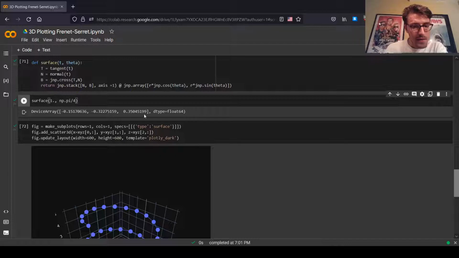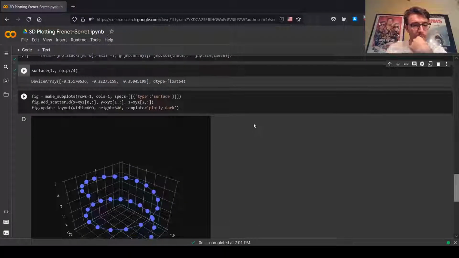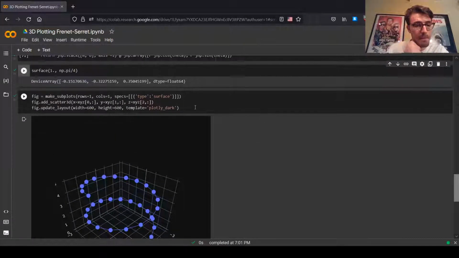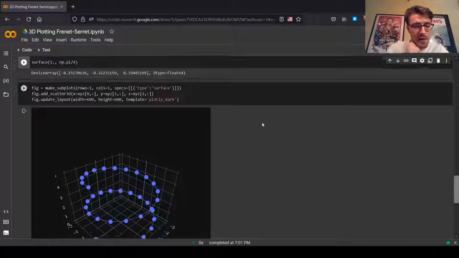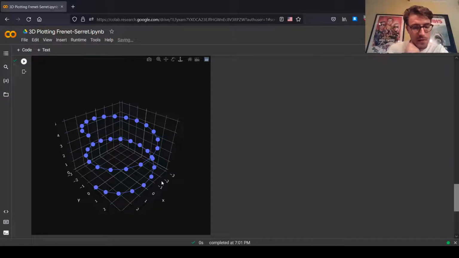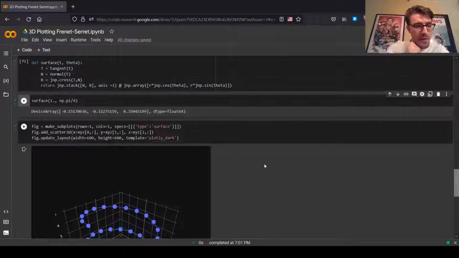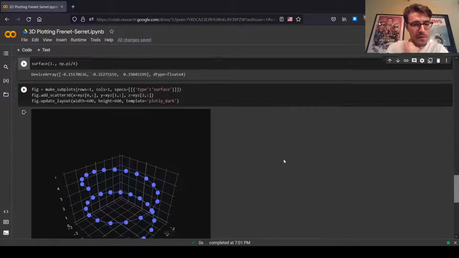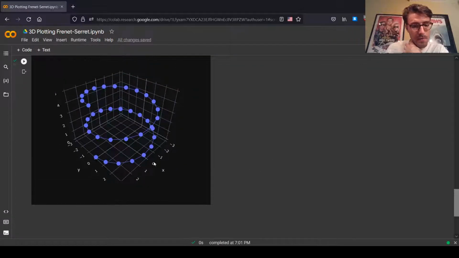So looking at this, this is telling us where our point should be from the curve. At negative 0.15 for x, so it's right about there, and negative 0.32 for y. We're in the center of the circle.